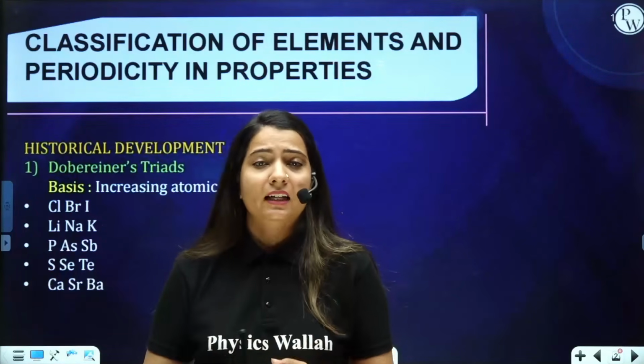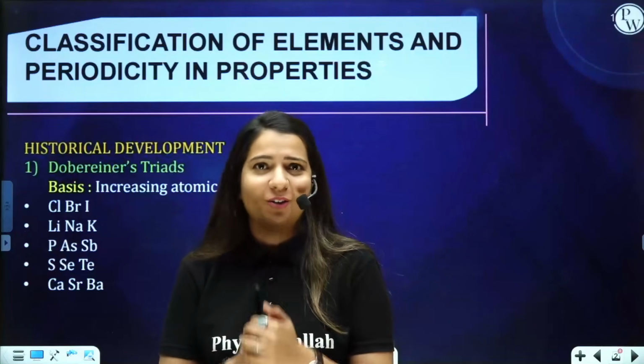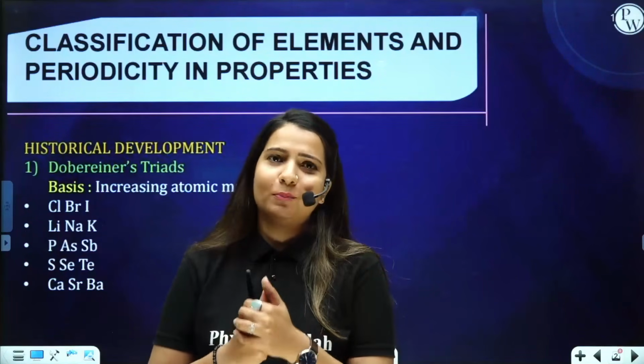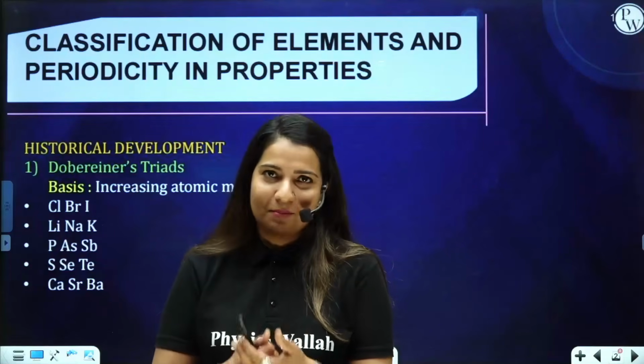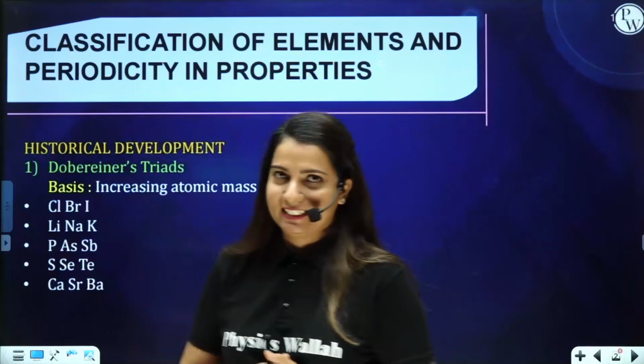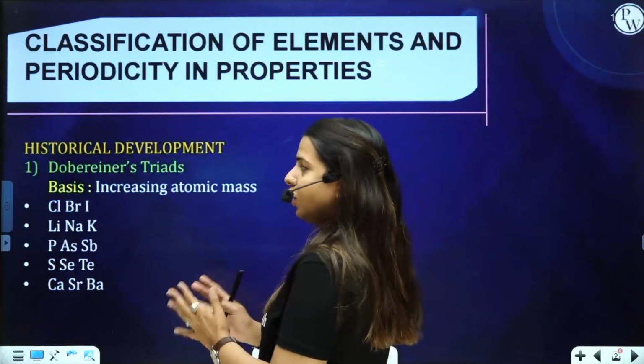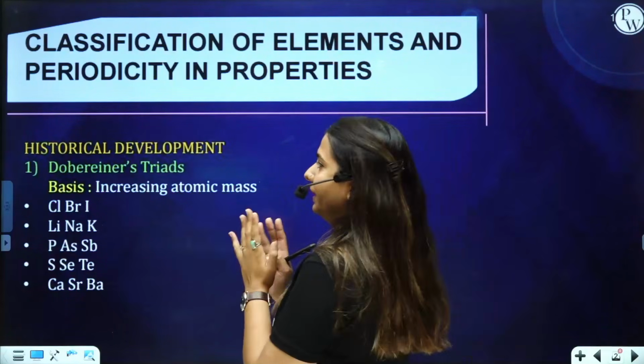But before that, many scientists have said many things, so we have to study all of them. It's okay, many of the points were rejected, but from the examination point of view, we have to study all of them. So the first scientist, according to our syllabus, is Doberiner, and his work is Doberiner's Triads.